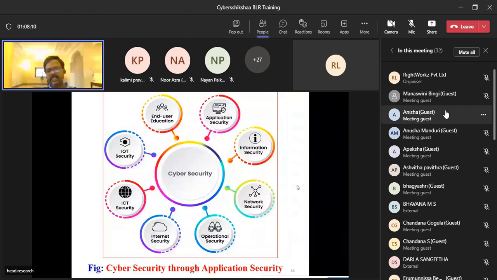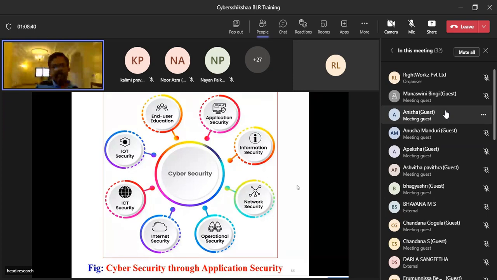So how you are providing cyber security at the application level, like end user education, how you are protecting the data, application level security, information security, network security, operation security, like you are storing the data, processing the data, altering the data, how you are providing security for that data at the operational level.